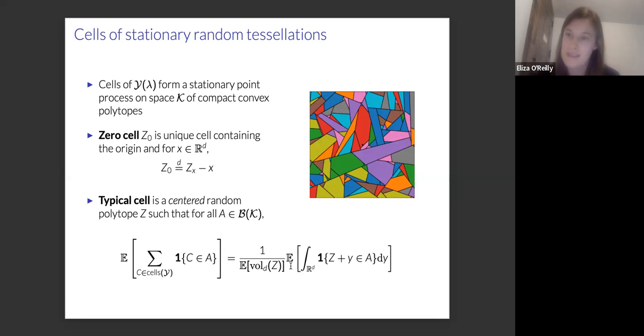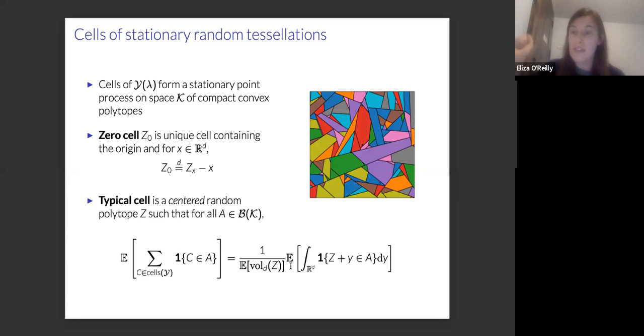There are a few different ways to think of this typical cell. Very coarsely, you can think of it as a uniform random cell of the tessellation, which is not a precise definition because you have an infinite number of cells, and so the uniform distribution isn't well defined. But you can think about taking a really large ball in R^d, looking at all the cells that intersect that ball, and uniformly at random choosing a cell from that finite collection.